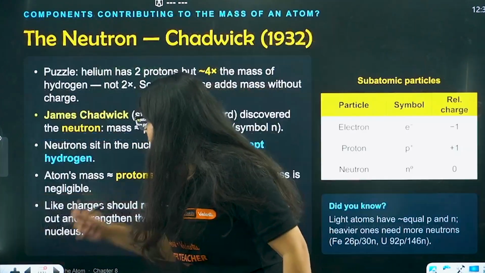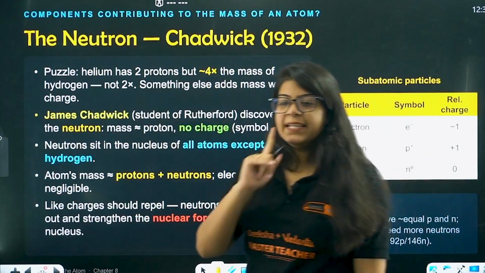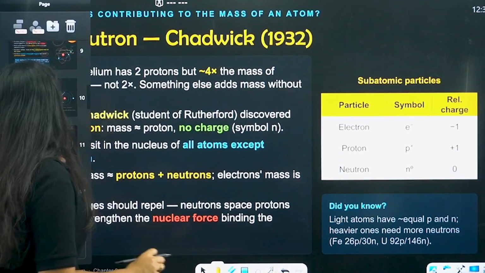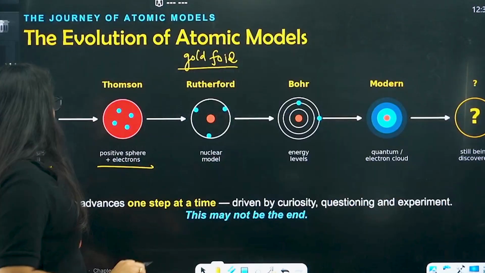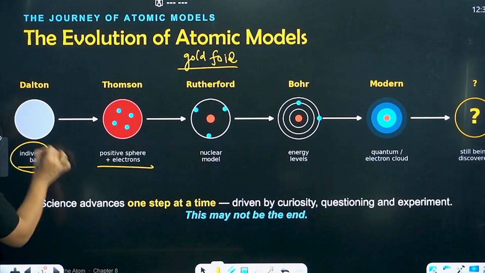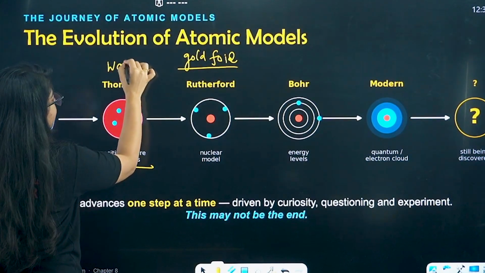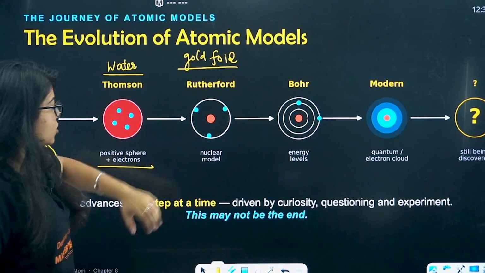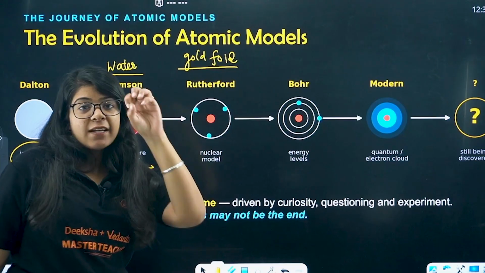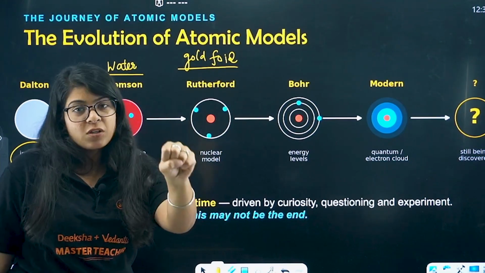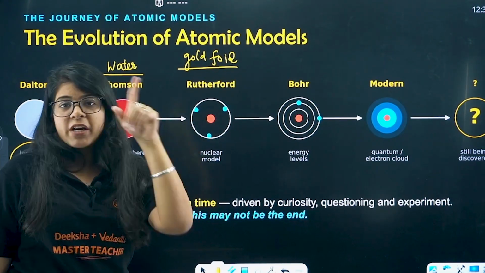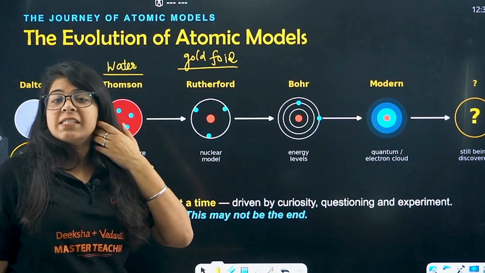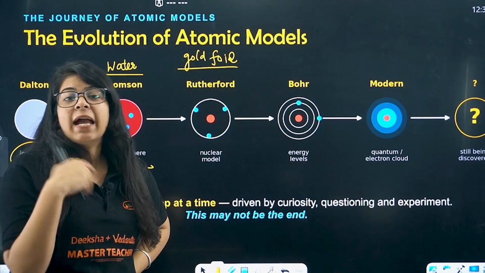Now one more thing you have to learn before we end this session is the neutron. Beta, James Chadwick ji came. But let's go through this first. We studied Dalton, the indivisible ball; Thomson, the watermelon model, where the pulp is positive and the seeds are electrons. Then came Rutherford. He said there is a nucleus at the center, with positive charge concentrated in a tiny space, and electrons revolving around it. But the question arises, why are these electrons not collapsing into the atom, as they are accelerating and losing energy?